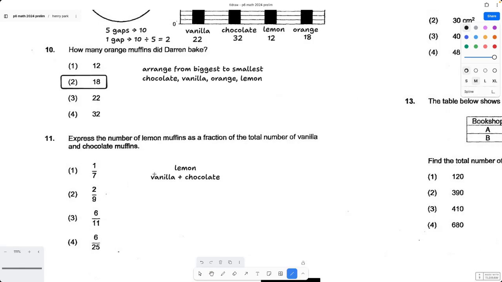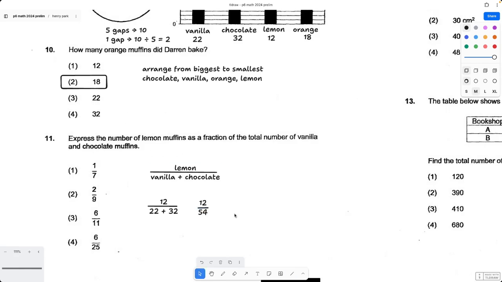Lemon is 12, and vanilla is 22 plus 32. So if we make this into the actual fraction, it is 12 over 22 plus 32, which is 54. So 12 over 54, we also need to simplify.